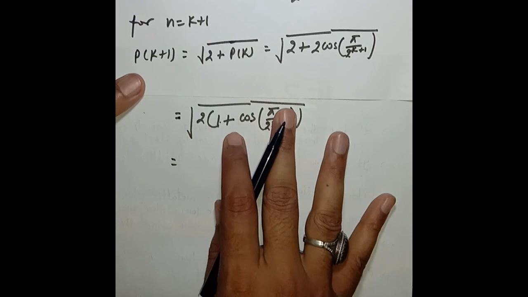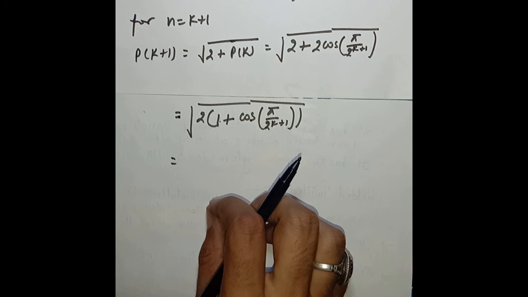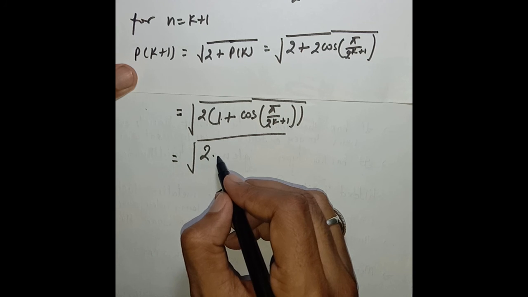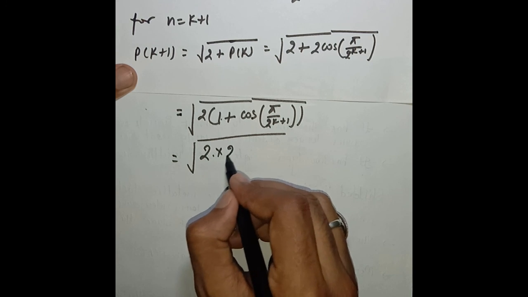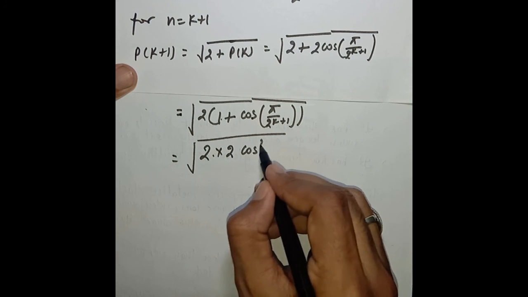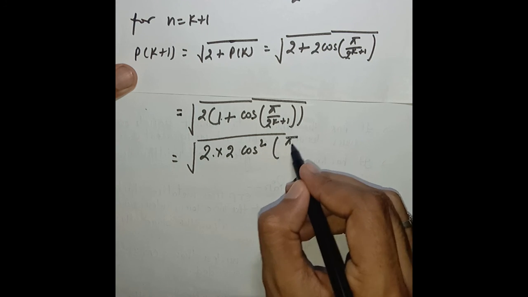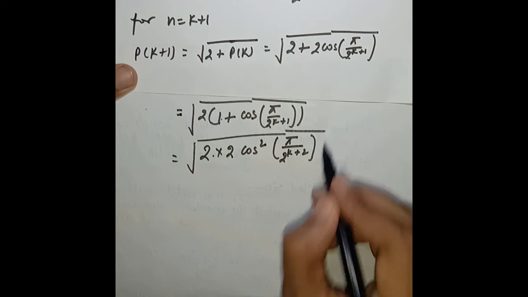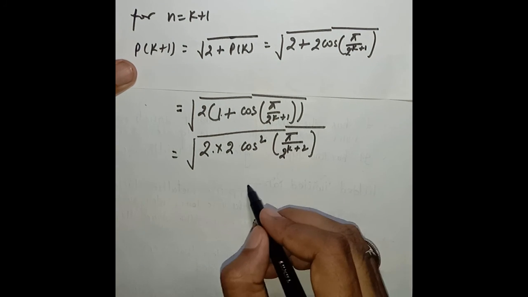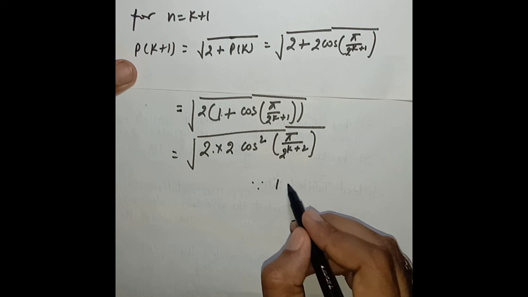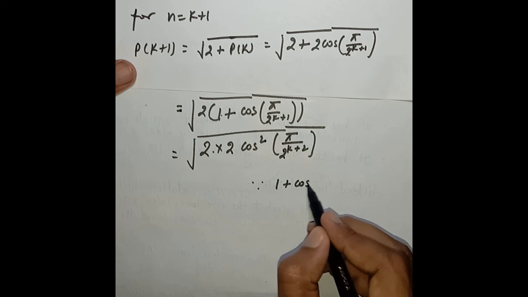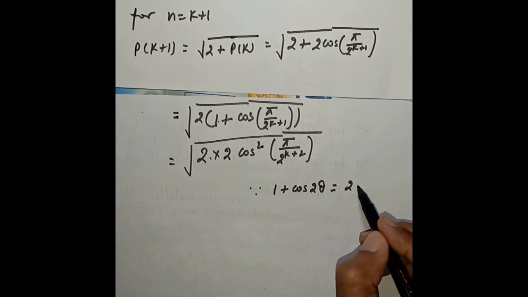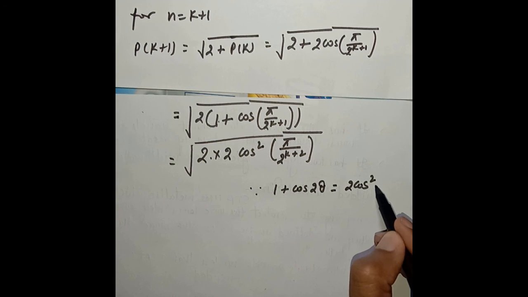This implies we can write this is equal to under root 2 times cos square pi over 2 to the power k plus 2, since we know that 1 plus cos 2 theta is equal to 2 cos square theta.